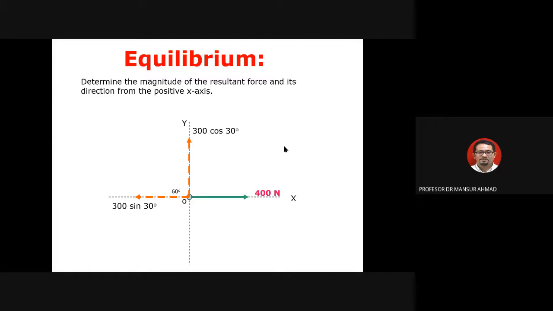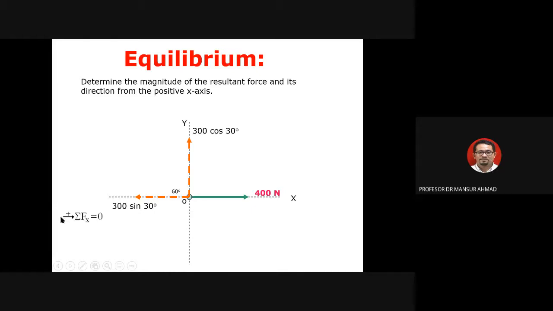So I'm going to start with summing forces in x direction. You look at this. This is the equation of equilibrium. Again, how I read this, we already agree this is the positive direction. Sigma here is summation, and the summation of force in x direction must be equal to 0.